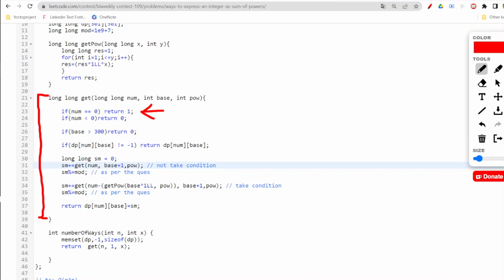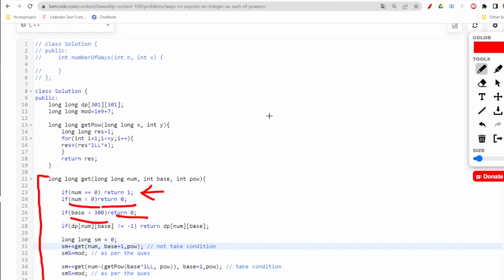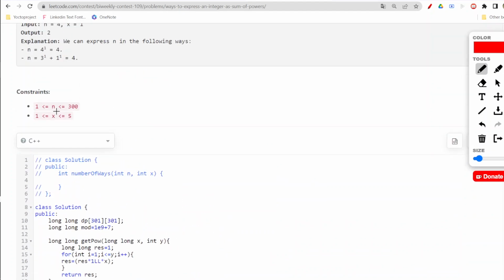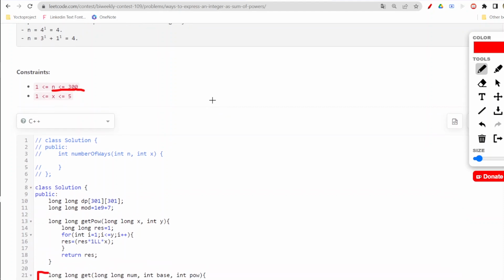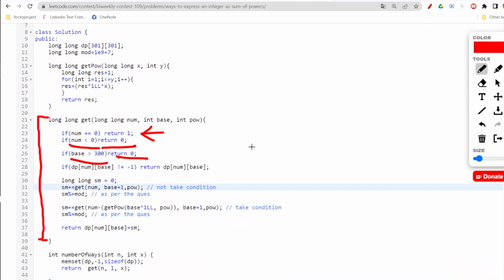And then if a num is less than 0, basically it goes to negative side, then we will be returning 0. If our base is basically greater than 300, then we will be returning 0, because in the constraints which are mentioned here, our num is less than equal to 300. So we are required to take our base as well less than 300.